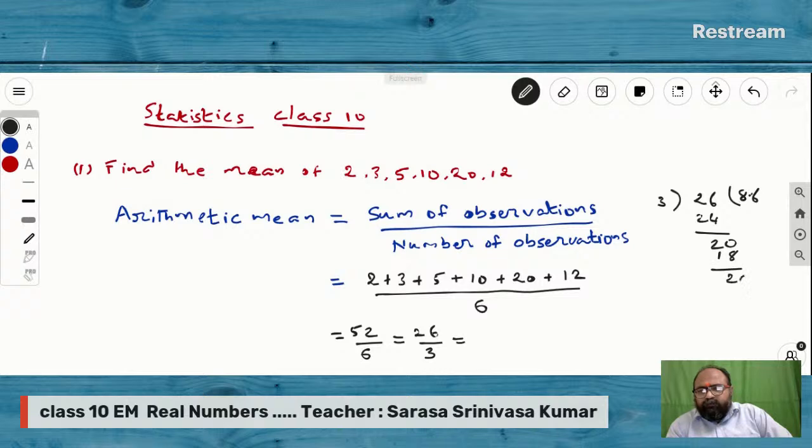Again you get 2, 0, 3 6s, 18, 2. So you get 8.67. So this is how we find the arithmetic mean of given raw data.